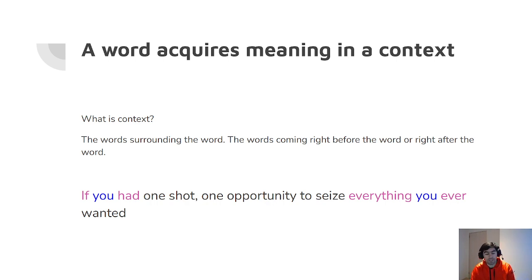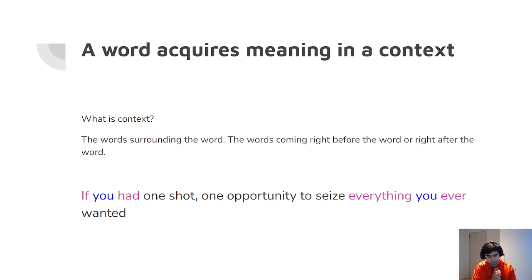So when we say context, what we really mean is simply the words surrounding the word of interest, the target word. For example, in this famous line from Eminem's song "Lose Yourself," the first line goes, "If you had one shot, one opportunity, seize everything you ever wanted."